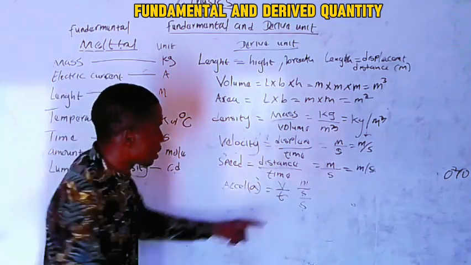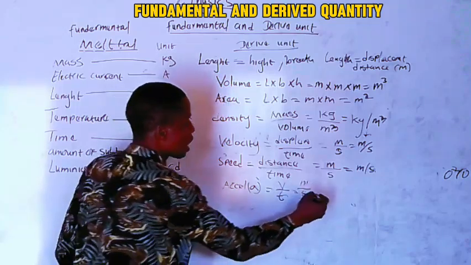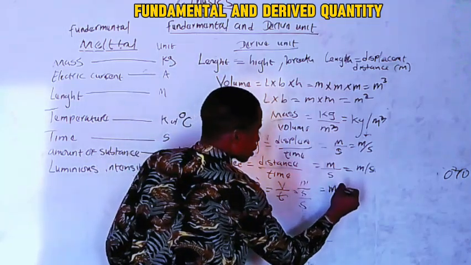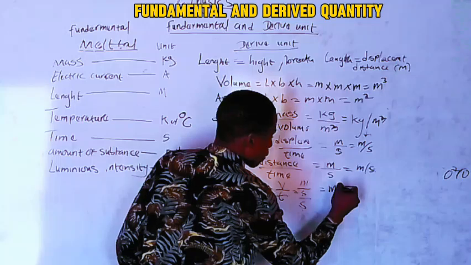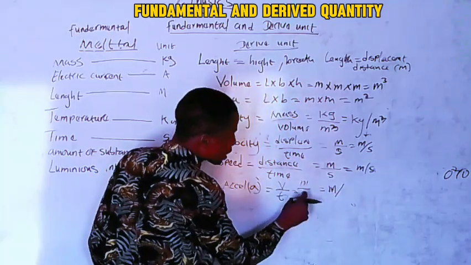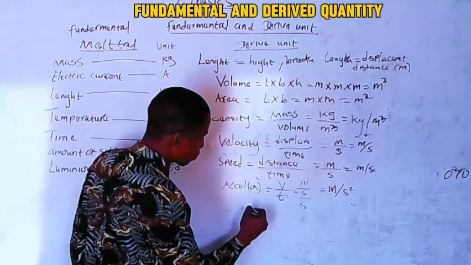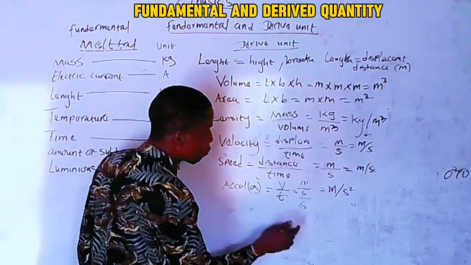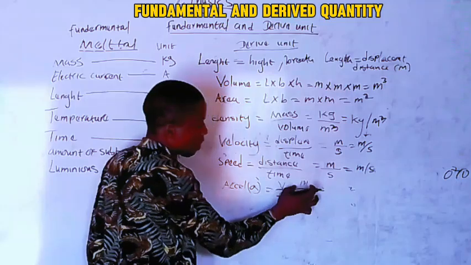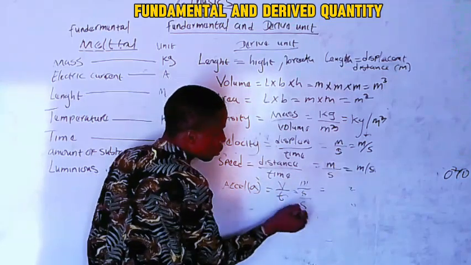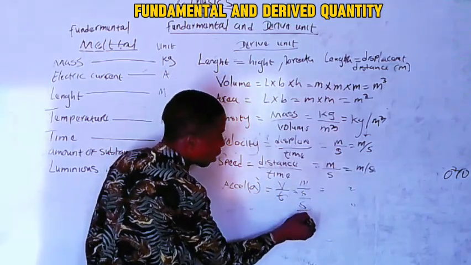If you are working with this, this one will now be meter per, and the seconds together will now be seconds squared. Look at it, this one is a fraction. Turn this one to a fraction, the same thing, all over 1.